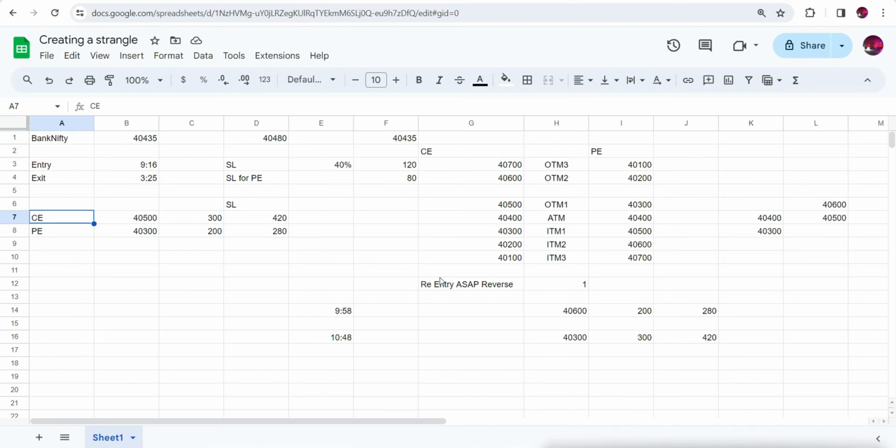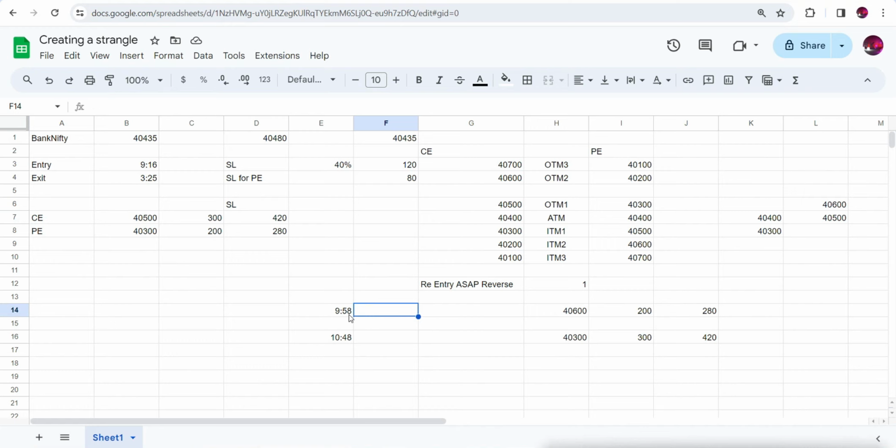Now according to re-entry ASAP reverse, it will enter instantly in the OTM1 strike available at 9:58 when our stop loss was hit, but it is reversed, so it will reverse our position. What our first entry was, CE sell, means call side sell, so it will reverse that to call side buy.